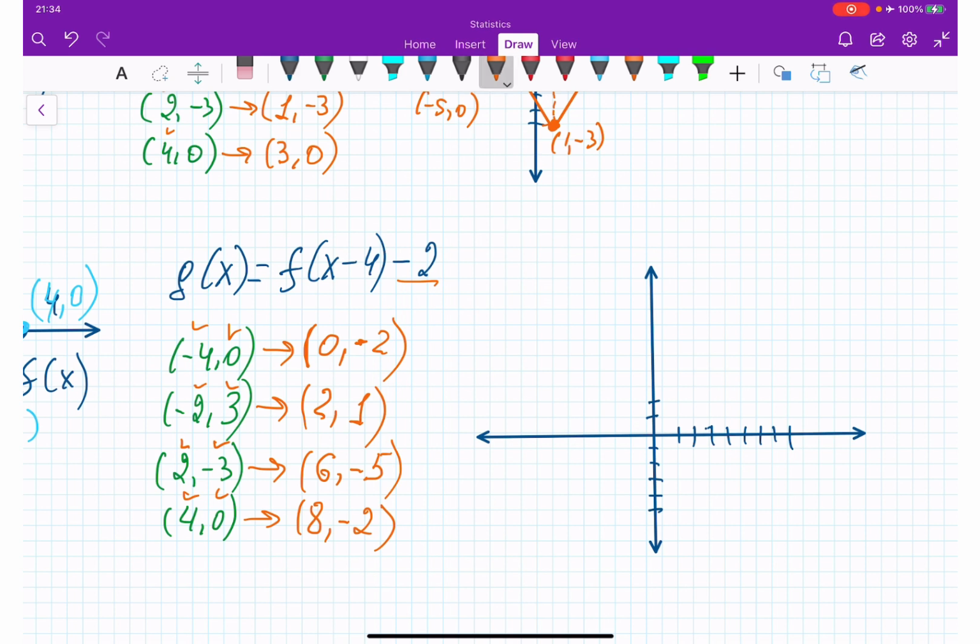0, negative 2. Here it is, 0, negative 2. 2 and 1. This is 2 and 1. Next, 6, 1, 2, 3, 4, 5, 6, and negative 5. And lastly, 8 and negative 2.